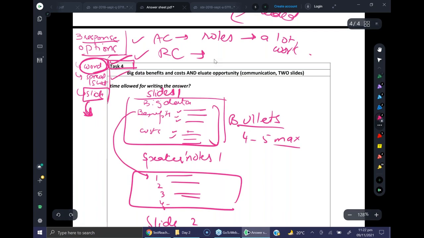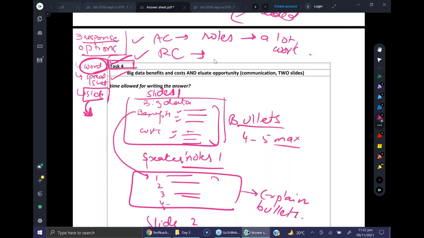The speaker notes box looks like a slide itself, but it's okay. It says speaker notes, so you can explain here. Explain your bullets in the same sequence because you want to communicate effectively. You can discuss the 3 benefits merged together, and the costs together.